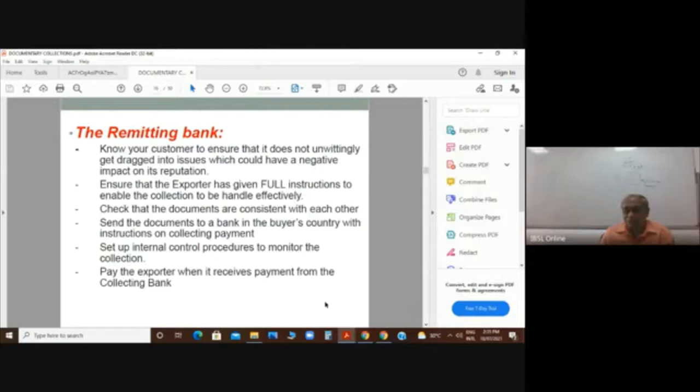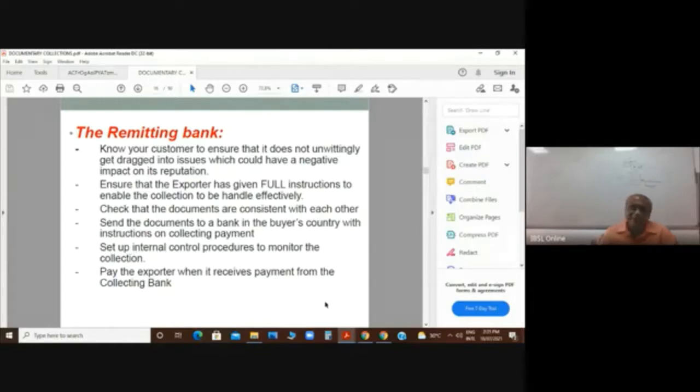All the documents are for Bajaj motorbikes, but the bill of lading has some reference to Bajaj three-wheelers. So it is not consistent with each other.